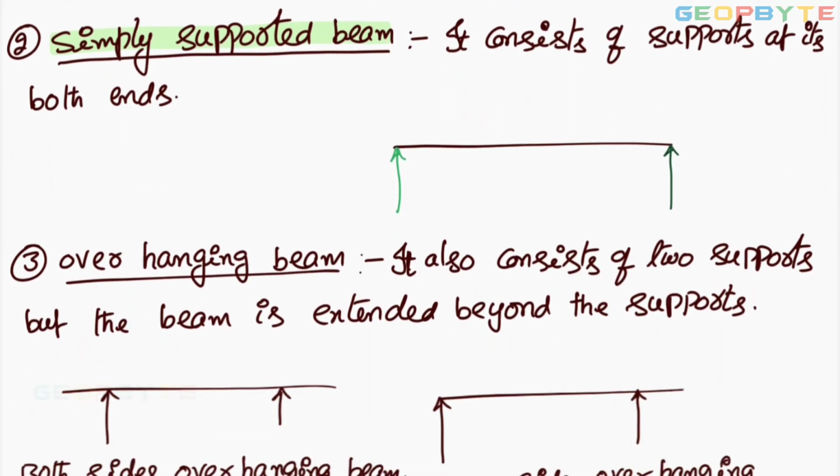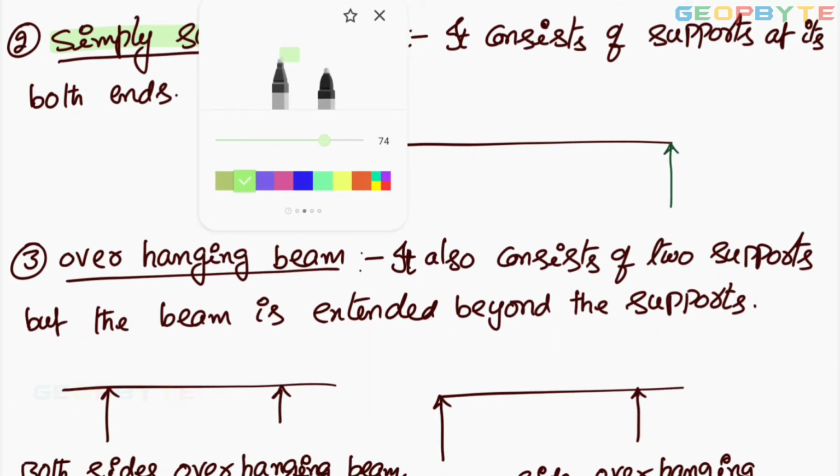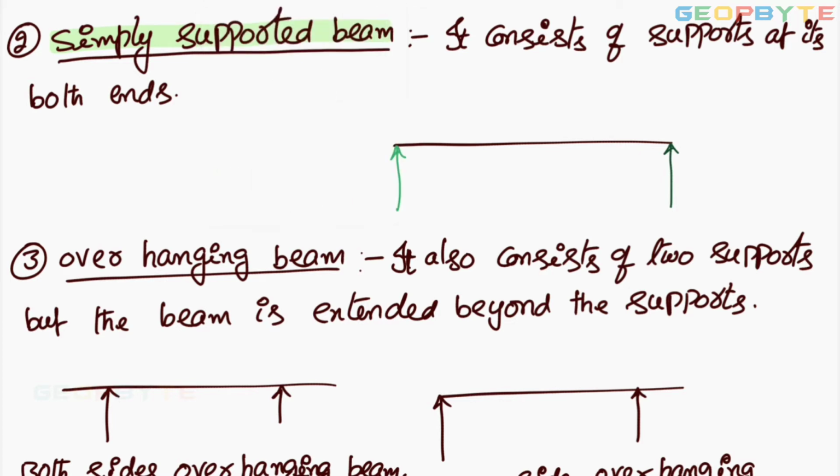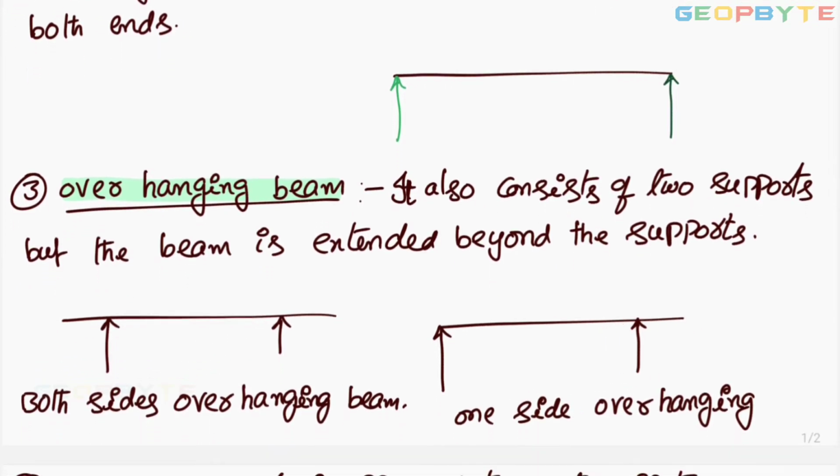Come to the overhanging beam. Remember, an overhanging beam also consists of two supports, but the beam is extended beyond the supports.